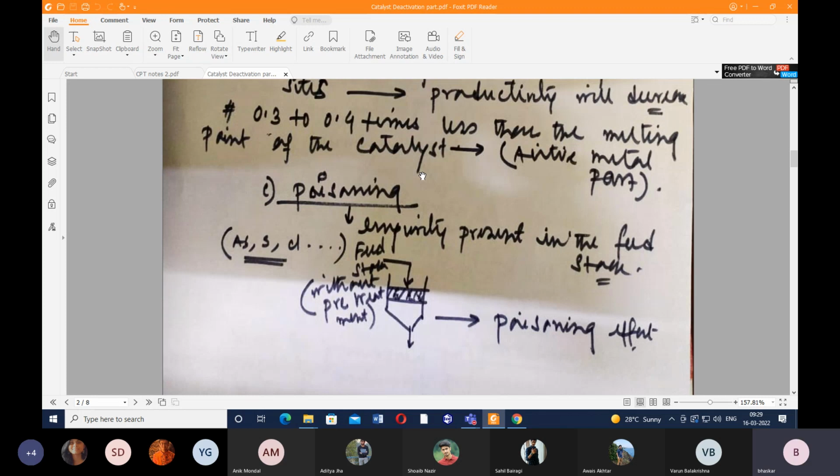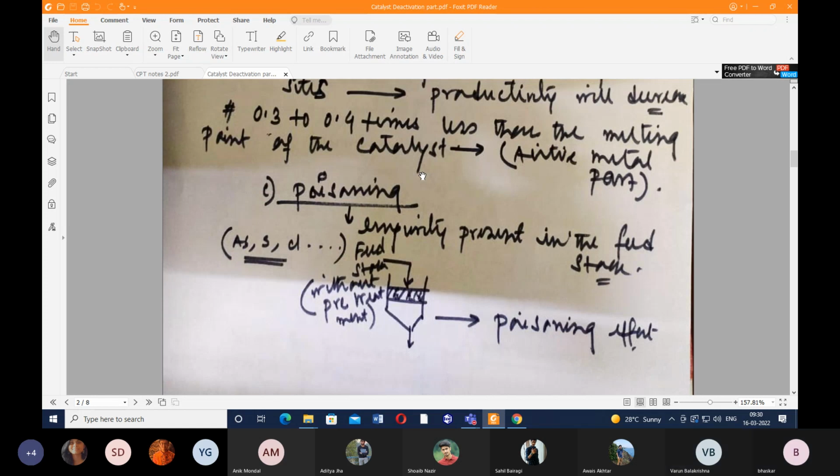Loss of catalytic activity due to presence of a trace metal or compound in the feed, basically. It permanently bonds with the catalyst and reduces its effectivity, its efficiency.